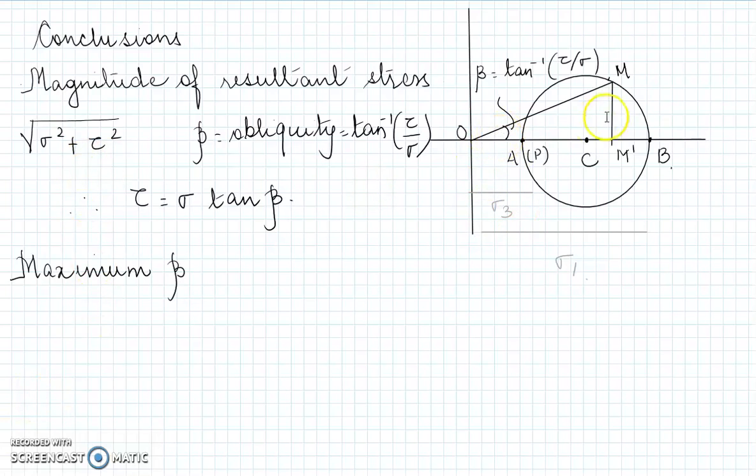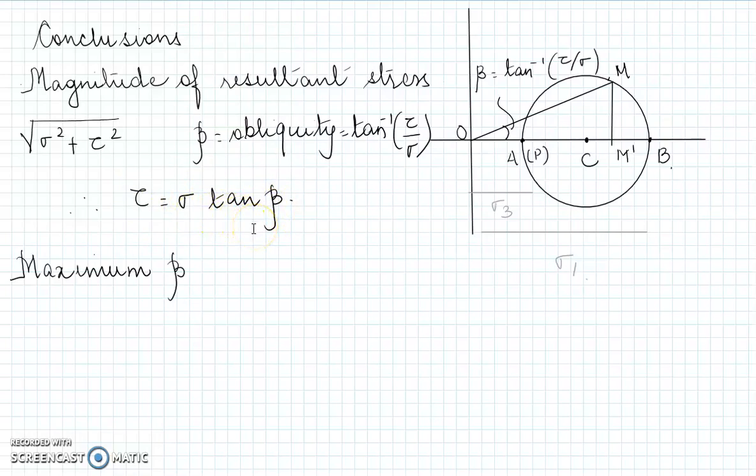Okay, and this angle ONC or ONM dash is called beta, and that is called obliquity. Obliquity is given as tan inverse of tau by sigma. So if you know the obliquity, you can write this equation: tau is equal to sigma times tan of beta, tan of obliquity.